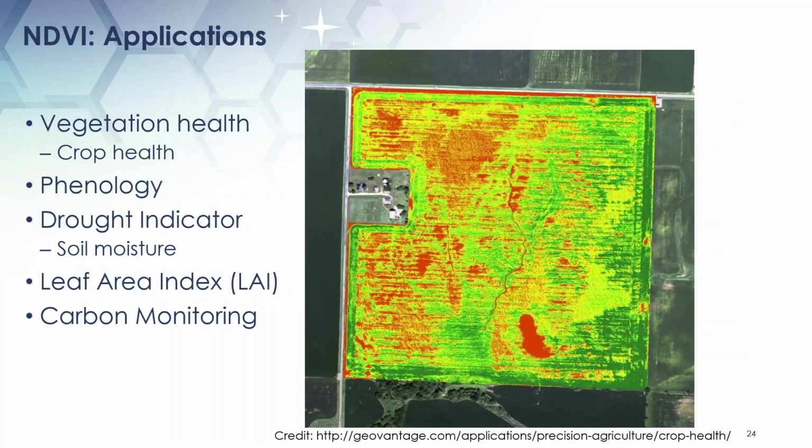The NDVI is one of the most widely used vegetation indices in the world and has been used to assess vegetation over multiple areas and for different resolutions as well. Vegetation health is generally a measure of the amount of reflected near-infrared light that we've discussed.